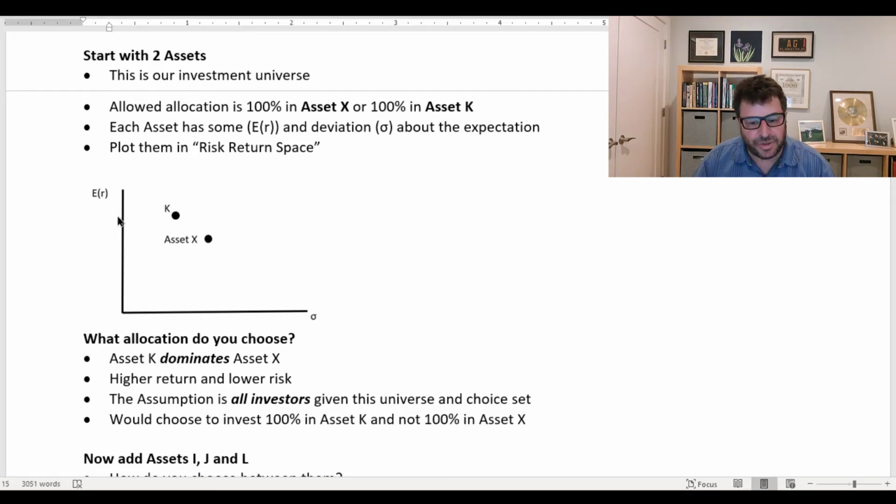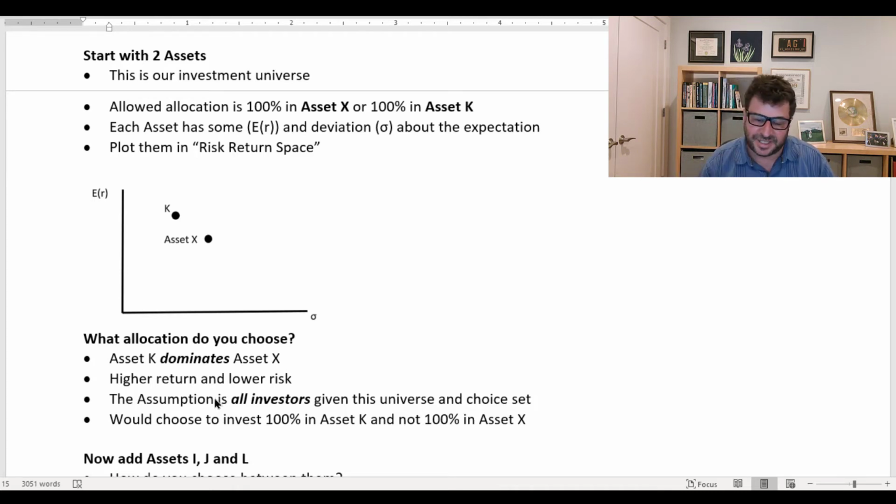In our simplest set of allocations, in our simplest investment universe, we can see that asset K dominates asset X. It has higher return and it has lower risk. So we will go with the assumption that all investors, given this universe and choice set, would choose to invest 100% in asset K and not 100% in asset X. Now, this essentially assumes that investors have 2 things.